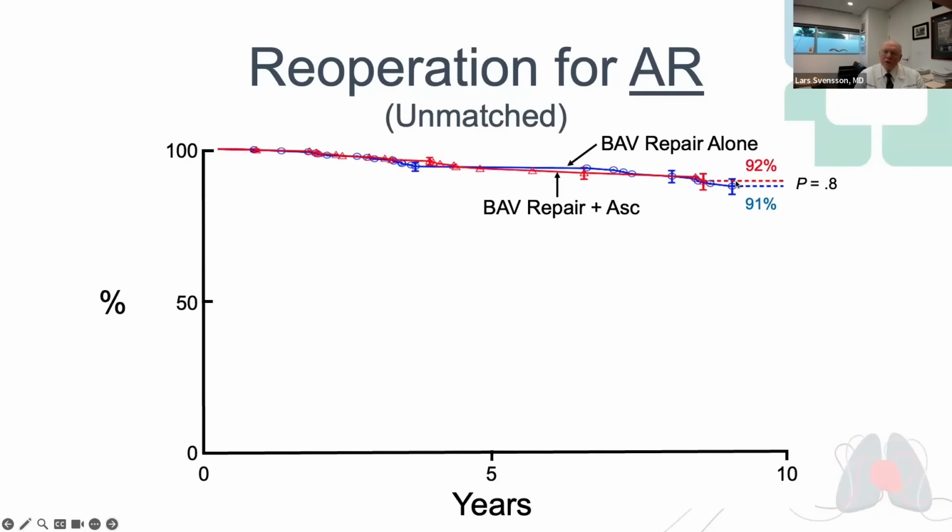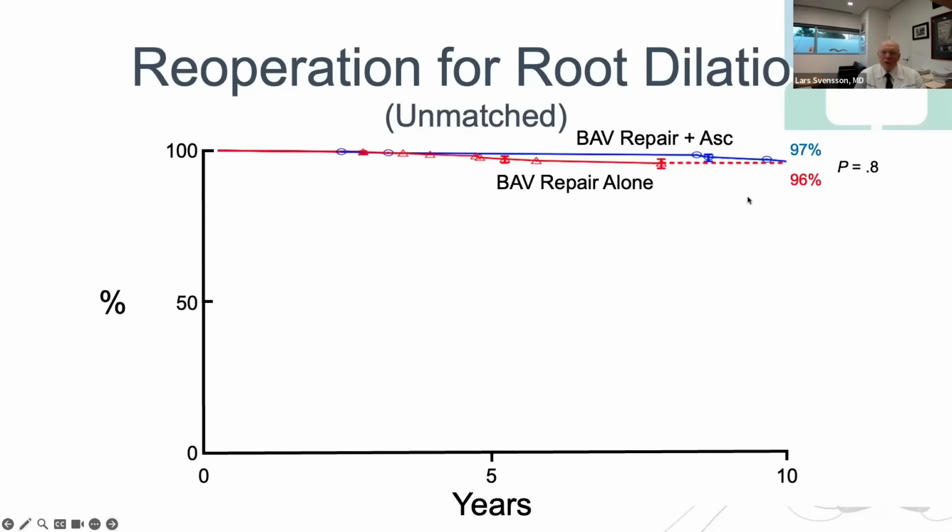So this one point is important because I thought maybe if we replace the ascending aorta, the repair freedom from reoperation would be even better. But on the other hand, here you have again that number of 91% freedom from reoperation at 10 years. So that's about the standard for these patients.